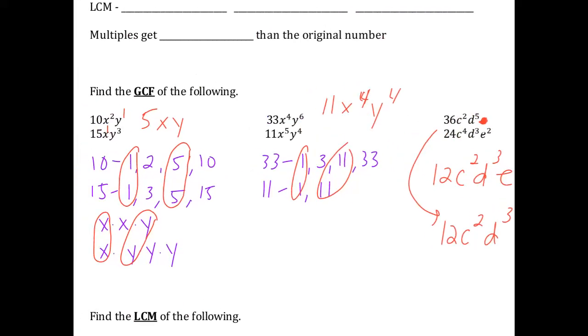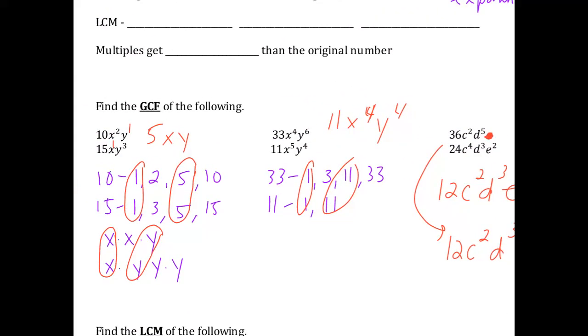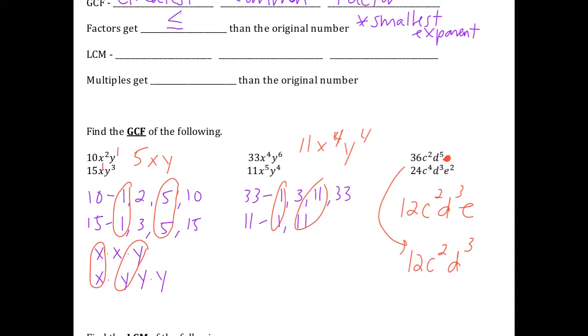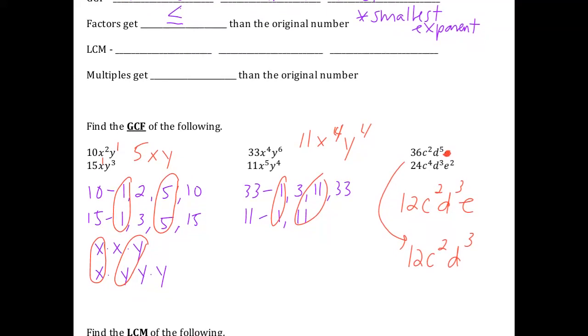All right, now let's switch gears and talk about LCM. So GCF was greatest common factor. LCM stands for kind of the opposite: least common multiple. Now, for GCF, the factors could get less than or equal to. They could get smaller or be the same.